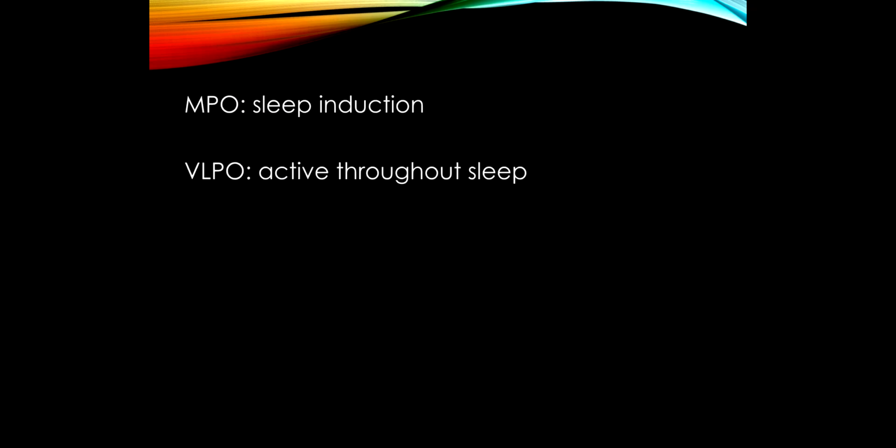So we think that the medial preoptic area is especially important for induction of sleep, that kind of initial drowsy feeling, and then throughout the night the ventrolateral preoptic area is active to keep you asleep throughout the night by shutting down the ascending arousal system.